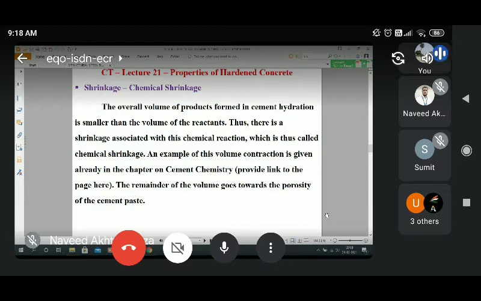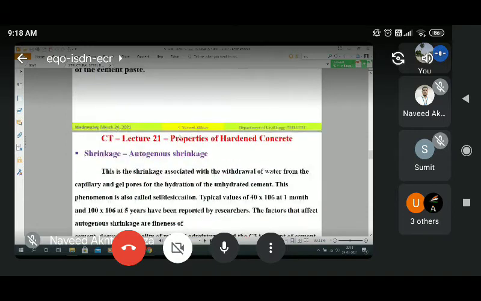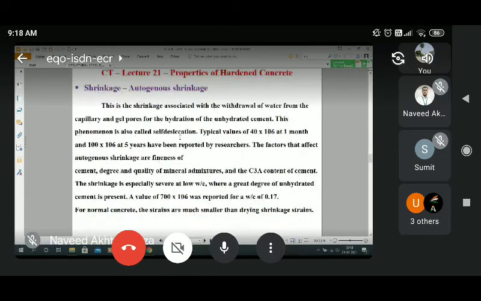Because the hydration process, or the reaction between the water and the cement, is an exothermic reaction, heat is produced and the water will evaporate through the capillary pores or the interfacial zone between the paste and the aggregate.